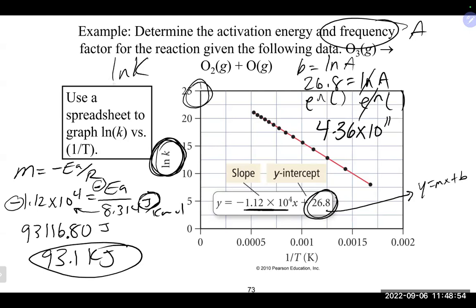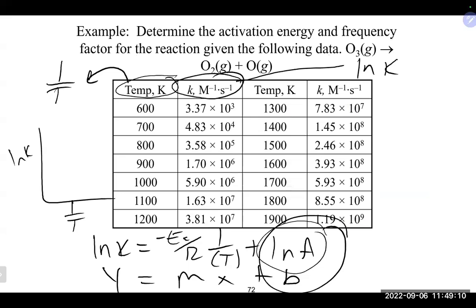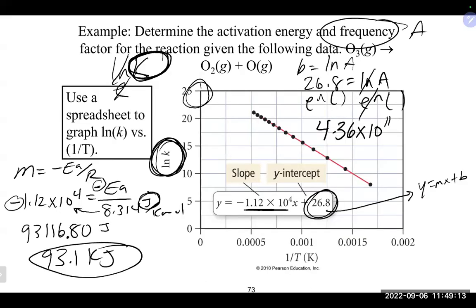And since we took the e of that, we got rid of the natural log, which means for the most part, when you calculate the frequency factor, it will end up with the same units as k. So we would want to use the same units here as k, which would be 1 over molar seconds, our typical units for this particular one.